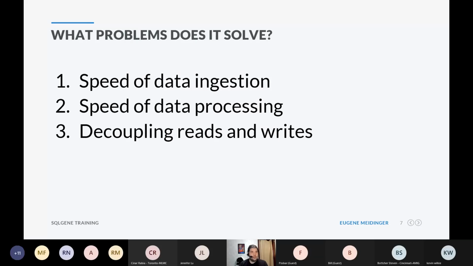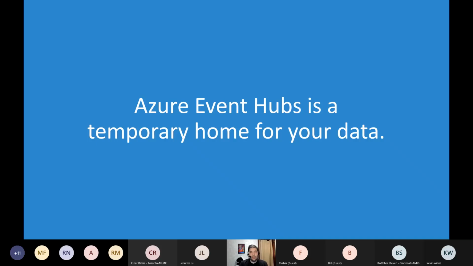And so because Azure Event Hubs operates as this storage area, and because the producers of the events and the consumers of the events have no understanding of each other, then you can separate both in terms of space and time. And so the way to think about Azure Event Hubs is that it is a temporary home for your data. And I do mean temporary.